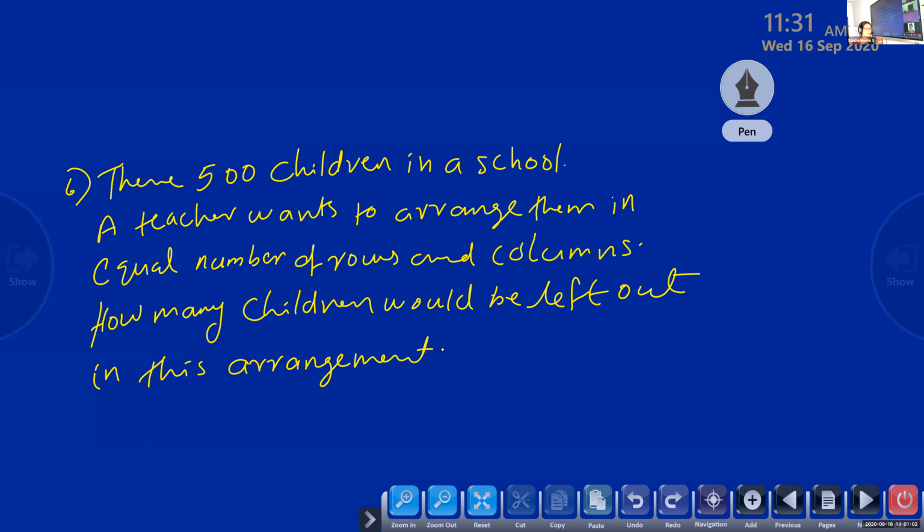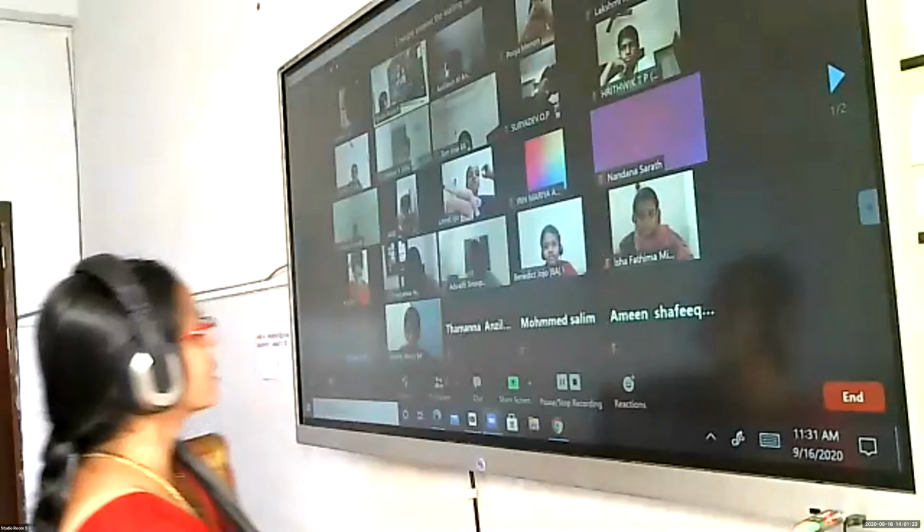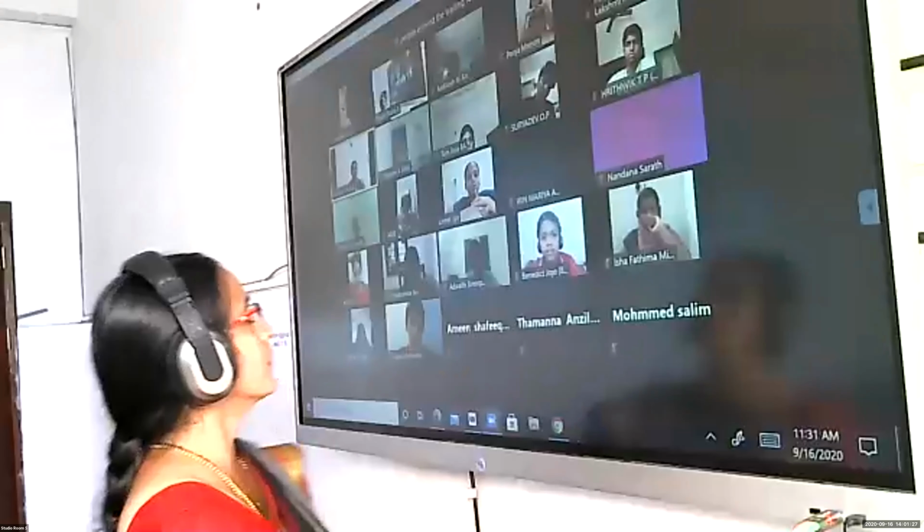This question is which number must be subtracted from 500 to get a perfect square number. That remainder will be the number of students left out from this arrangement. Understood all of you? So do these 3 questions along with some questions I have already given.